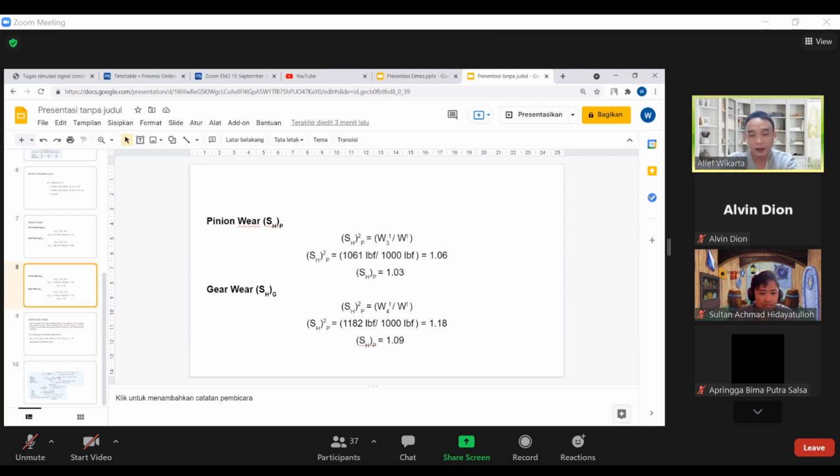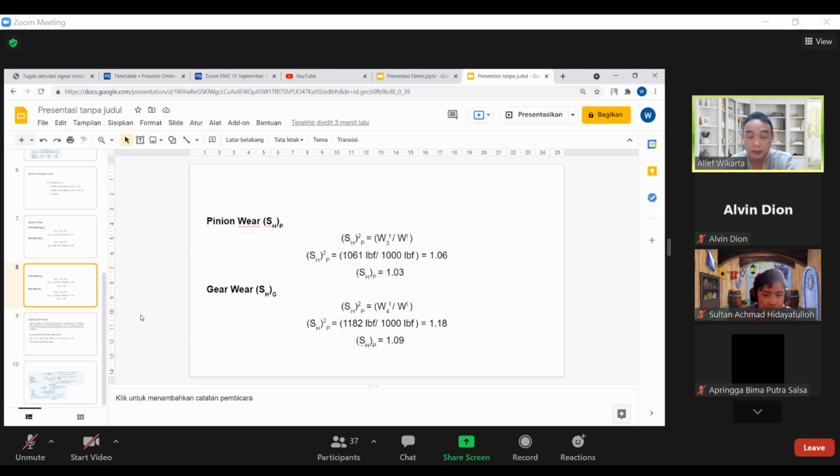Actually, it depends on the geometry and materials. Usually, when we have a pair of gears, we use the same material for the pinion and also the same material for the gear. Is that correct? But sometimes we can use different materials, or the same materials but different face width.